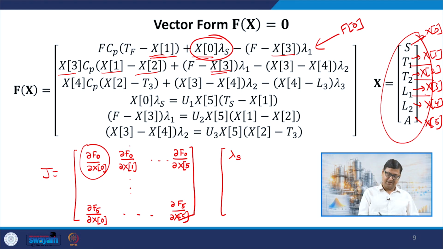The next term is the derivative with respect to x1. We have to locate where x1 is in this equation. It is right here. So I get minus F Cp as the second term. Then the next term is x2. x2 does not appear in the first equation, so I have a 0. x3 appears in the last term, so I get a lambda 1. x4 does not appear, and x5 does not appear, right? So you can compare.